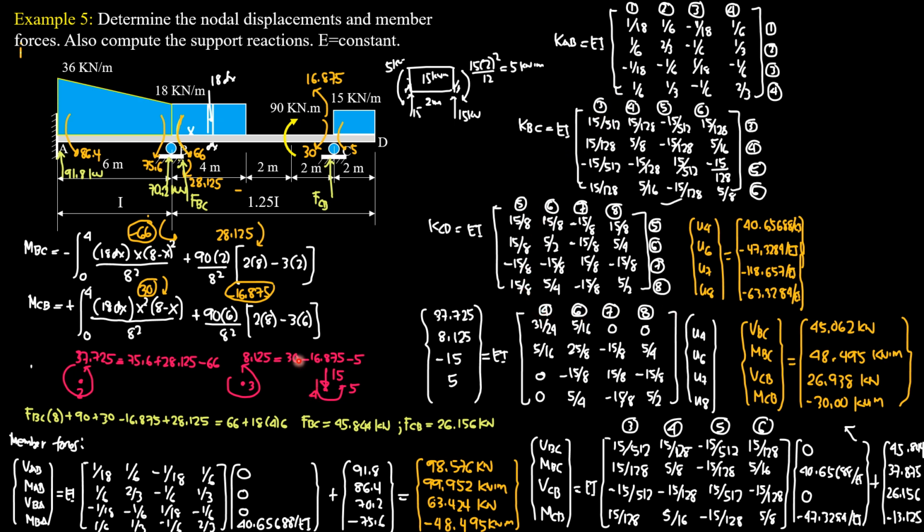But before that, these are the stiffnesses. For AB, we have EI. The I is just 1. So 12 times 1 over 6 cubed, that's 1 over 18. 6 times 1 over 6 squared, that's 1 over 6. Negative 1 over 18, negative of this, then copy 1 over 6.